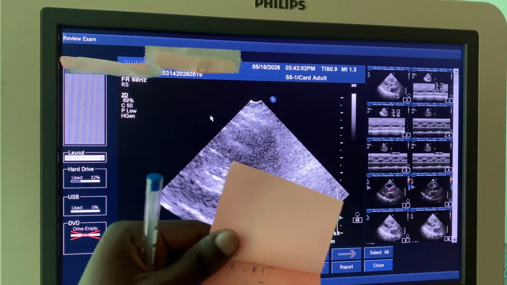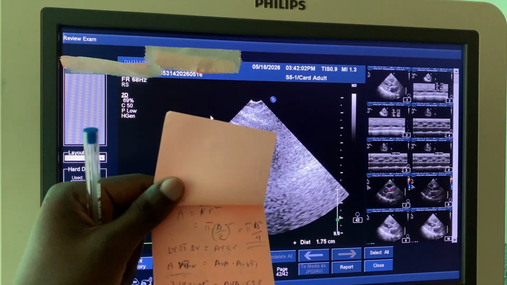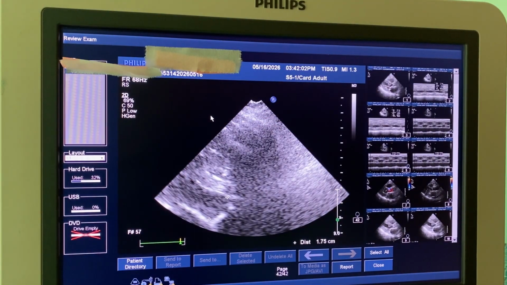You can put it in the calculator and get the answer. That is the area of LVOT. This is centimeters squared. To get stroke volume, we need a distance. If you multiply by distance, you get centimeters cubed, which is volume.